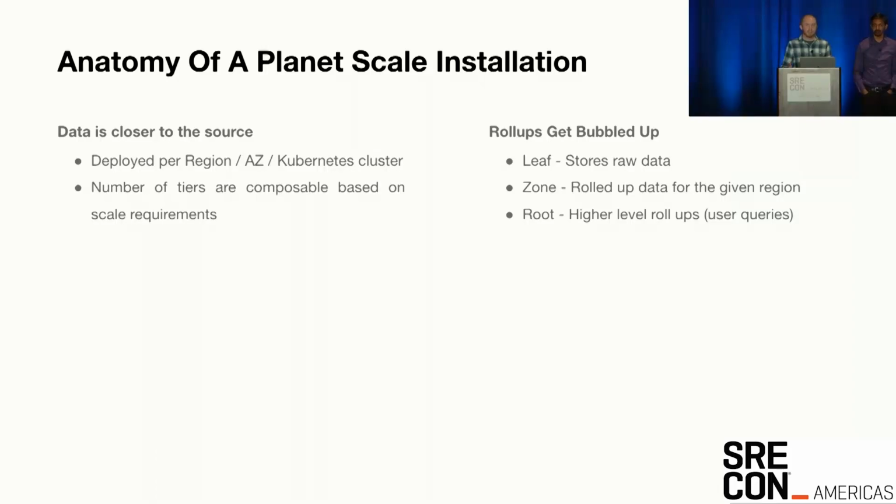A natural side effect of this, the trade-off that you get, is that if you're keeping the raw data closer to the source, you're going to naturally have less availability of the data, because you're not replicating across 3 or 4 regions. You might be constrained to a single Kubernetes cluster or an availability zone, depending on how you're deploying this.